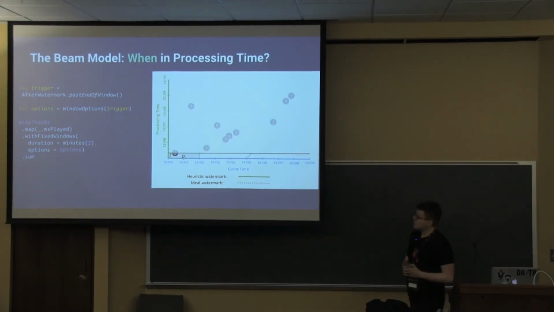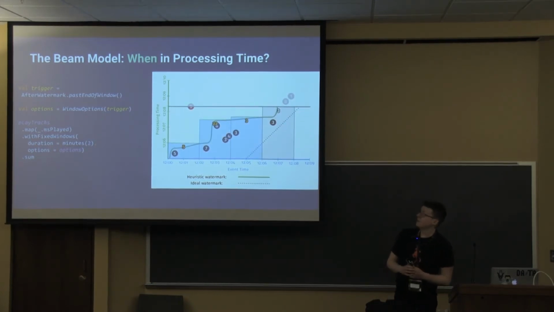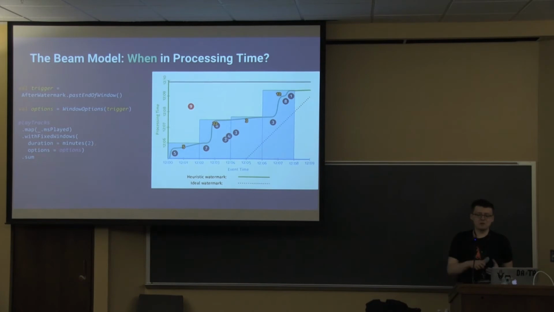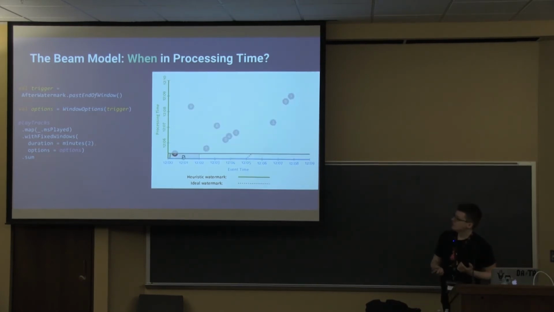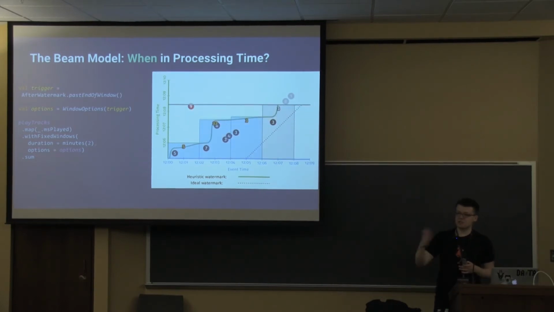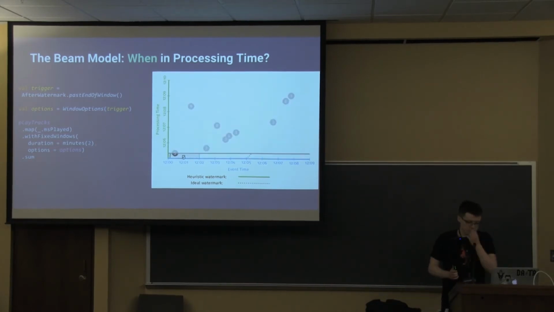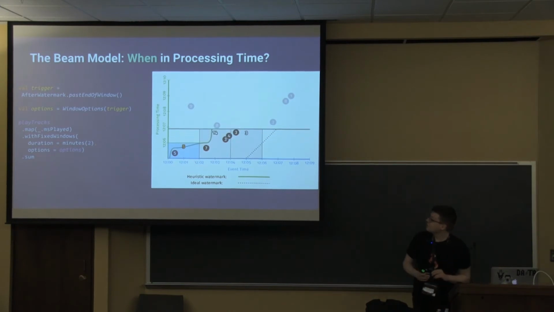So what happens, we have a green line with our heuristic watermark, and this line moves somehow and it shapes our events. So after we cross our green line, we just emit a result. So we can do streaming this way. And we have a fixed window of 2 minutes. So it works pretty well.